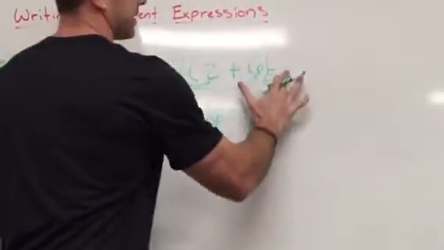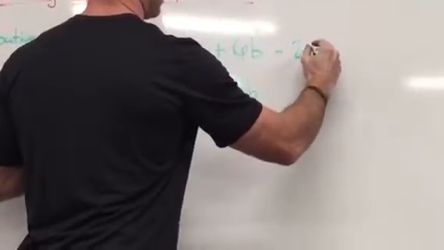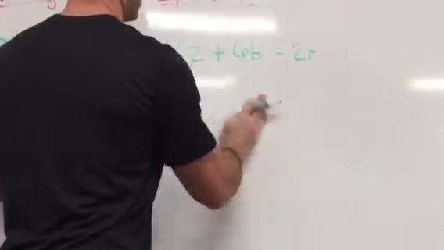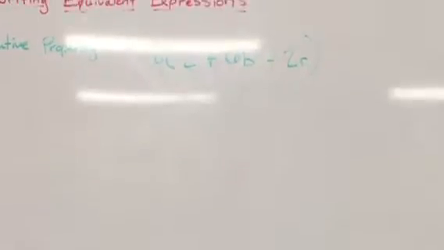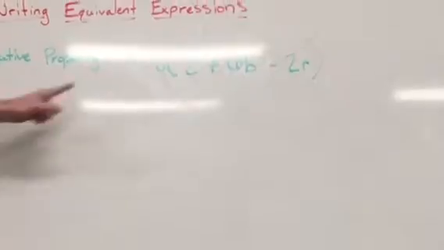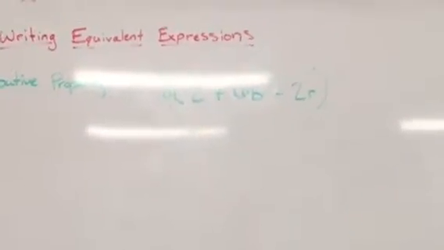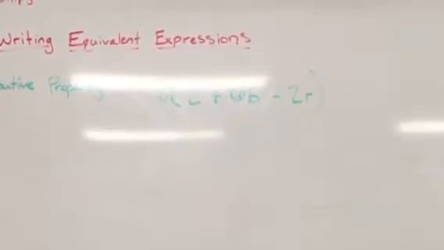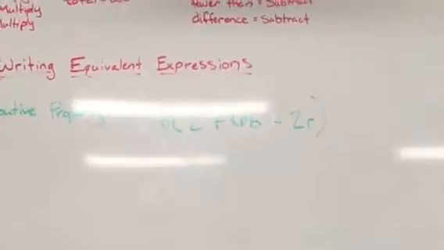What if I had this? Now what would it be? What would my equivalent expression be? What would be equivalent to this? Just distribute. That's what this is called. Distributive property, just distribute. Audrey.